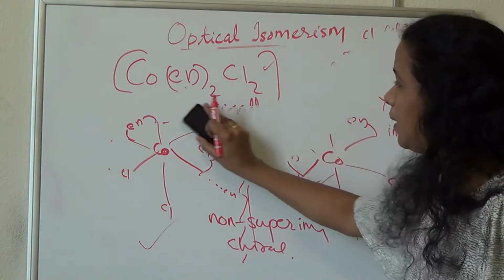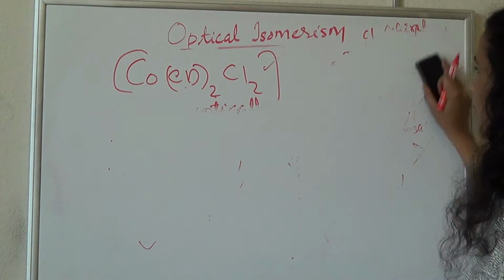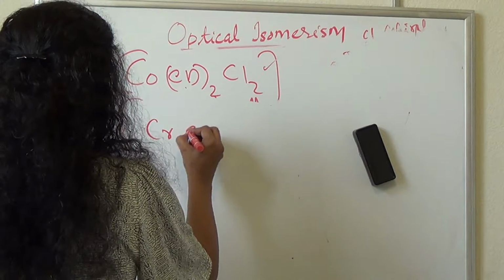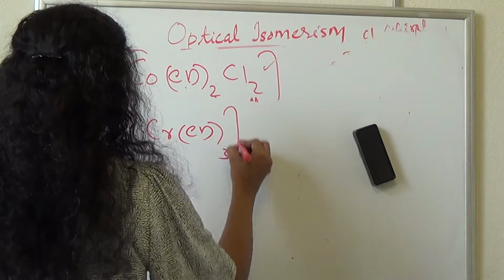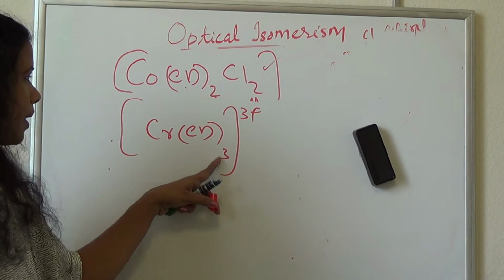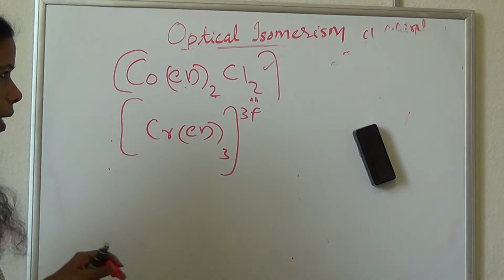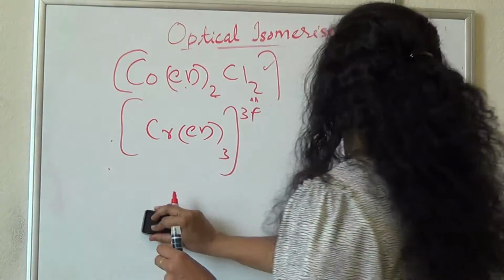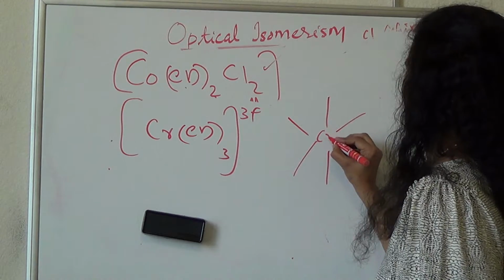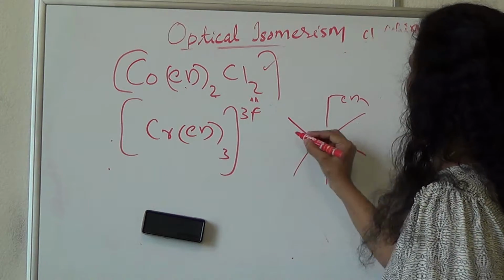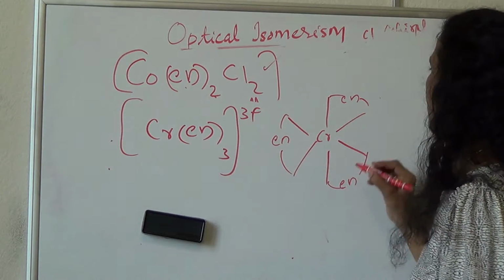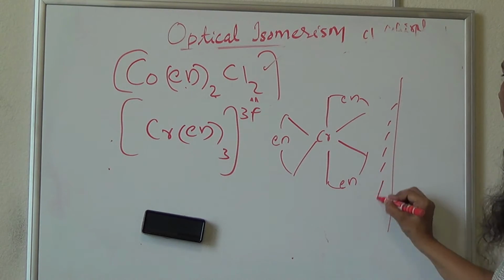Then we can draw another example. Cr(en)3, 3 into 2, 6. It is also an octahedral complex. Draw the mirror image.